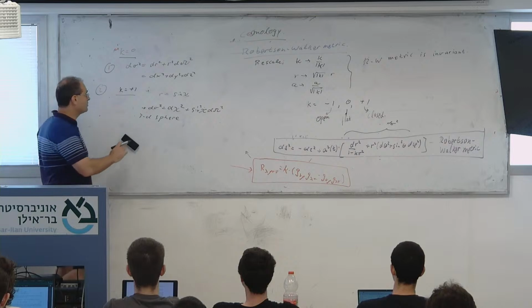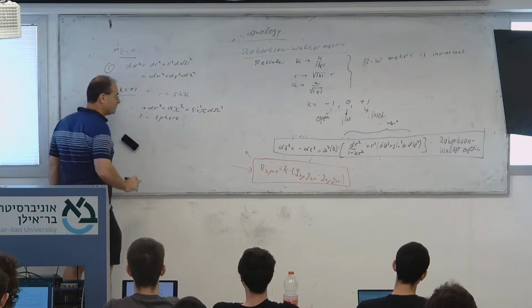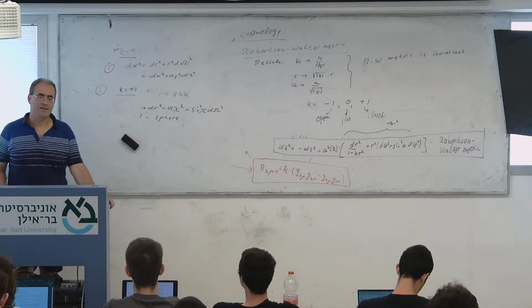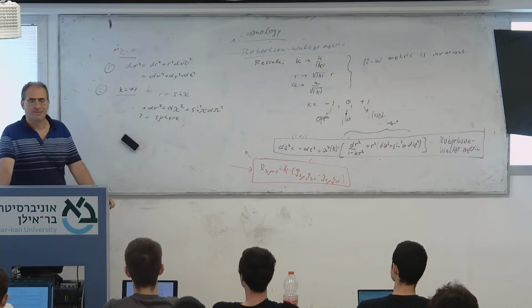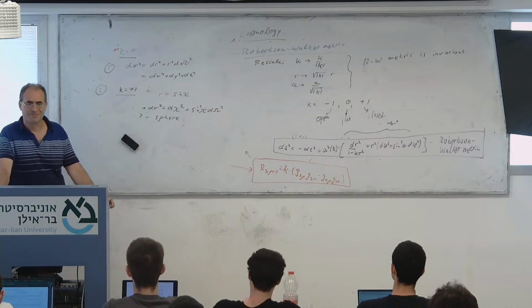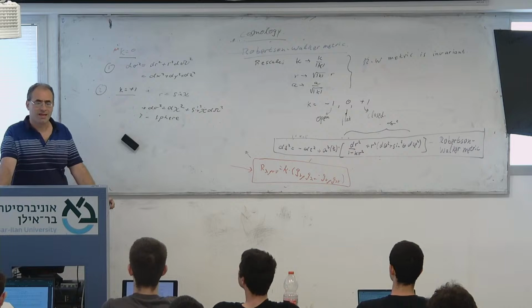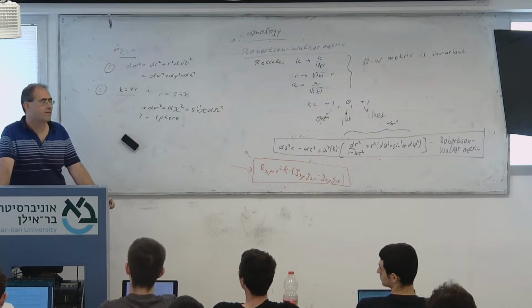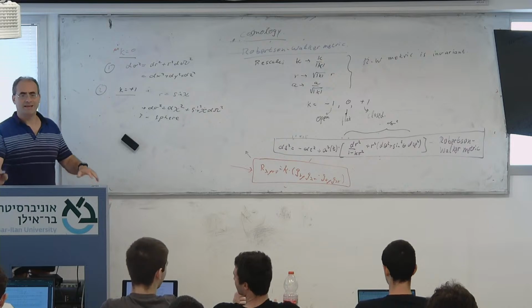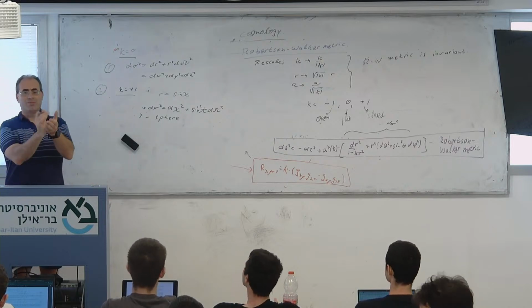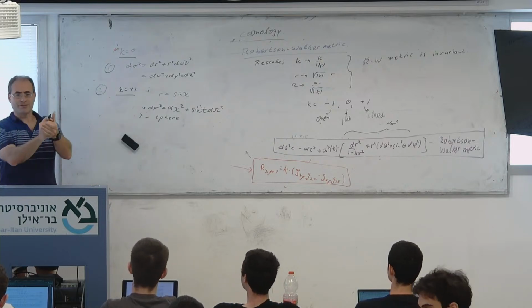That's a 3-sphere. It's not a 3D ball, it's a 3-sphere. That's the correct name. I don't know how to visualize it. You think of the surface of a ball, right?